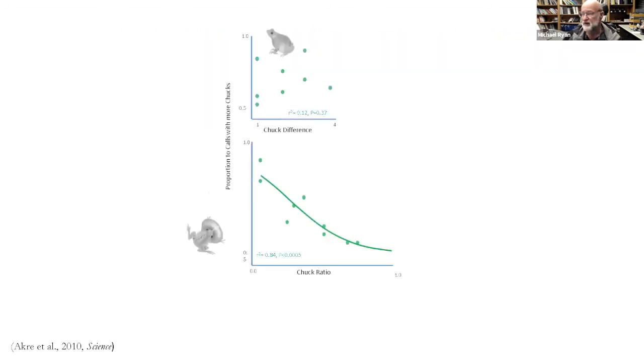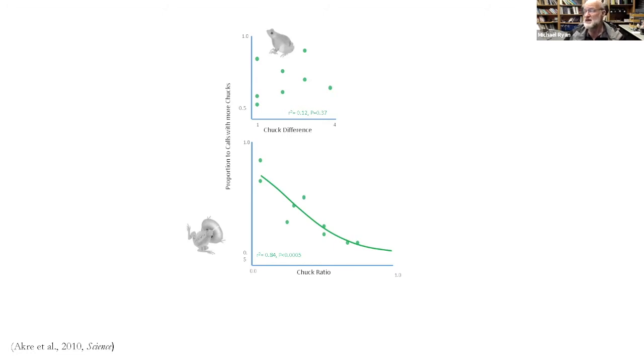And so what we see here on the y-axis is the proportion of females in the experiment, each dot is an experiment, that preferred the call with more chucks. And the sample sizes for each of these experiments is roughly around 40. So in the top graph, we plot the difference in the numbers of chucks between the 2 stimuli and the strength of the female preference, the proportion of females in the experiment that preferred more chucks.